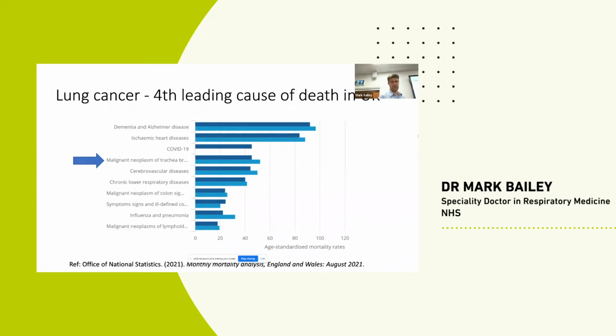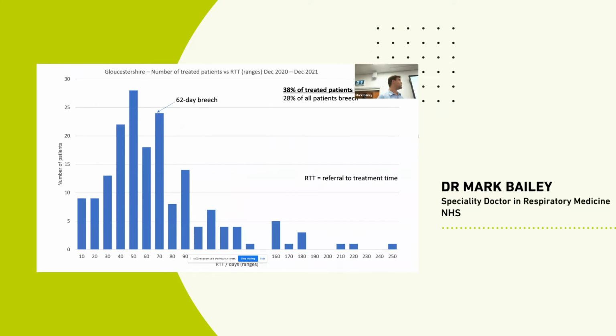These are numbers from Gloucestershire of patients by how many days they are taking from referral until treatment. It saddens me to see, bottom right, 250 days for one patient to go from referral to treatment. The national guideline is to treat within 62 days.